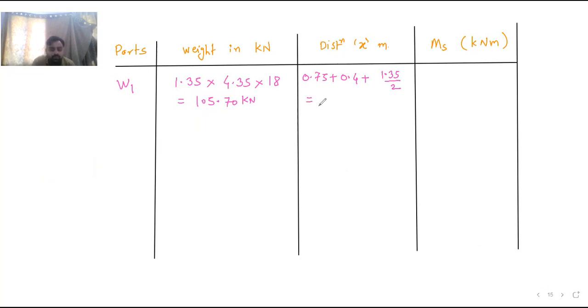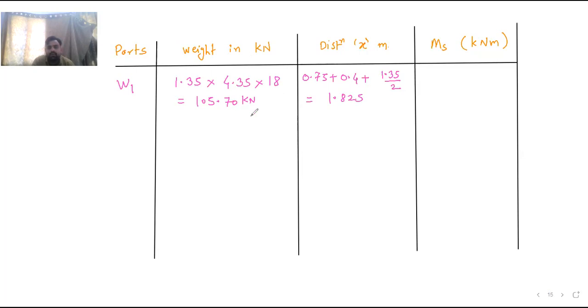2.5. Calculate carefully. 1.825. Okay, this is 1.825.